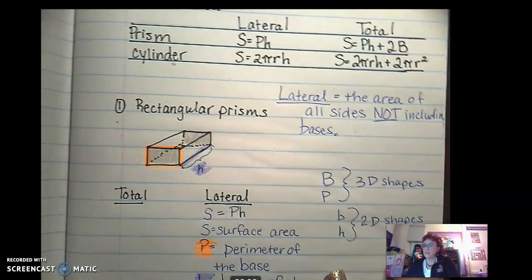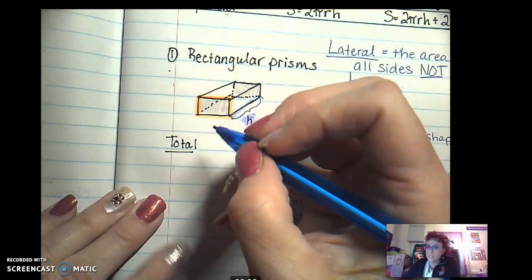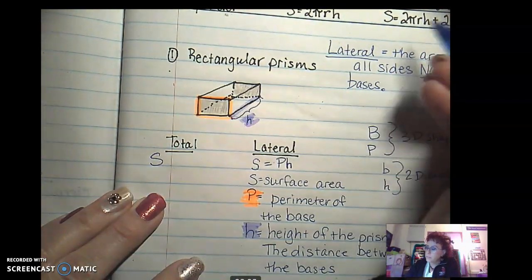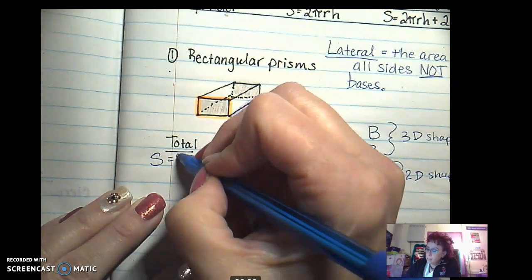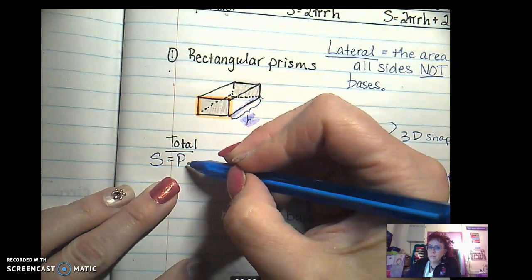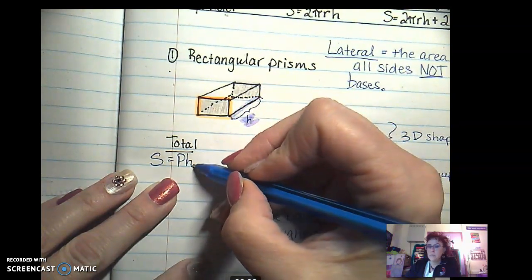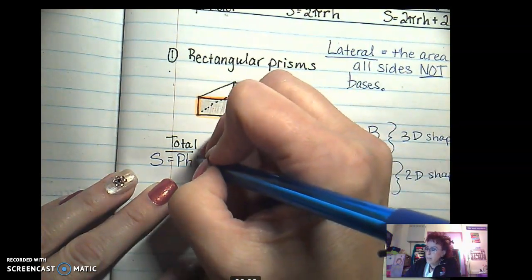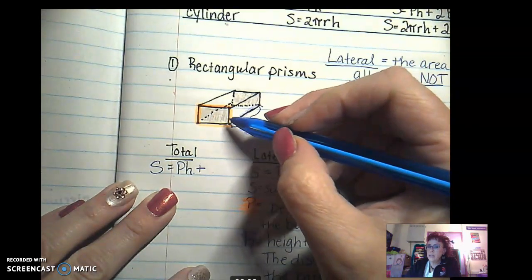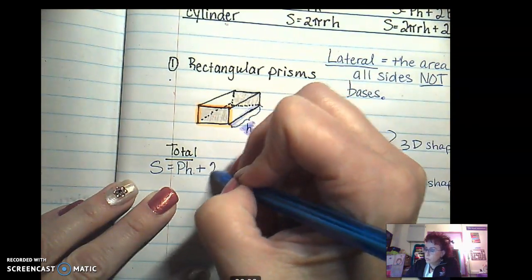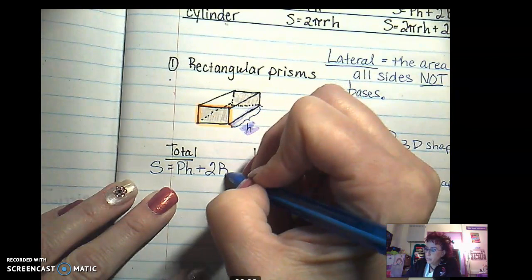So you'll notice that for my total surface area formula, I'm finding the perimeter of the base, multiplying it times the distance in between the bases. Now I'm adding to it the area of the bases, 2 times capital B. Oh boy.